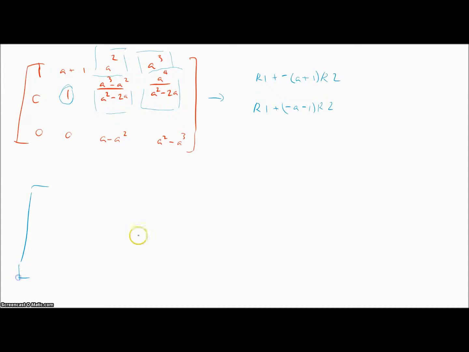So again, you rewrite all this stuff you're not changing. Row 1 is what I want to change. I want to get 0 right there. So row 2 stays the same.